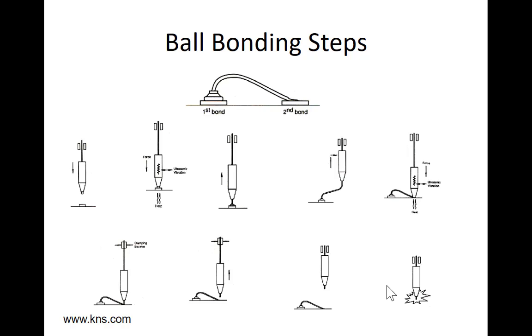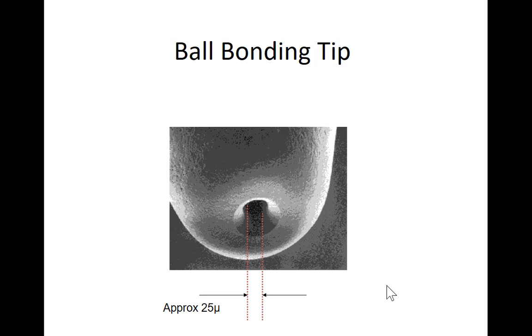So here it broke, and we don't have a ball there yet. So then we typically do a thermal flame off. We run a flame across it. It's oftentimes a hydrogen flame, and that causes that gold to melt on the end and form a little ball. And then you're ready to repeat the process. Here's an expanded view of what that capillary may look like.